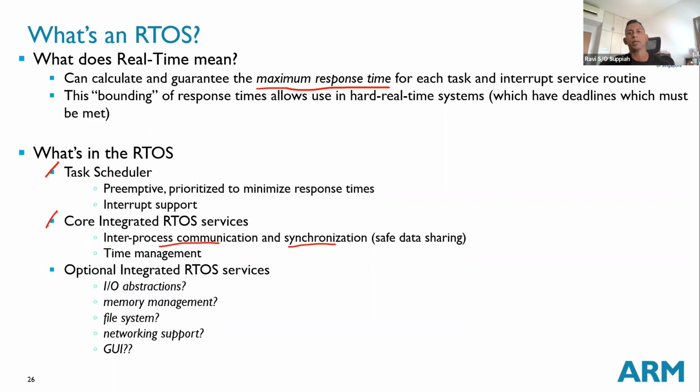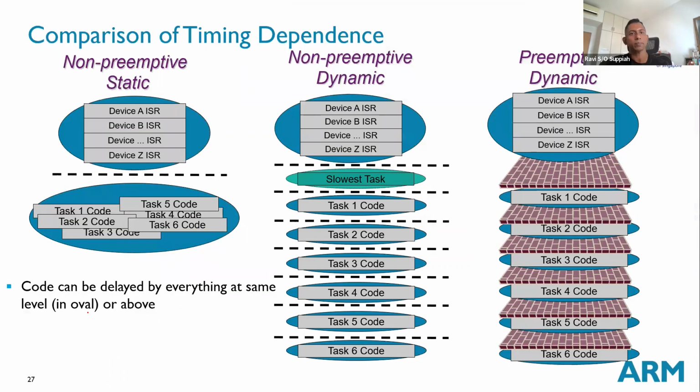In a real-time system, the tasks switch in and out very fast, many times. So you need to make sure that in the midst of all the switching, the data is still valid and protected in the correct way. We'll also look at some other additional RTOS services like virtual memory and so on, towards the later part of the module.